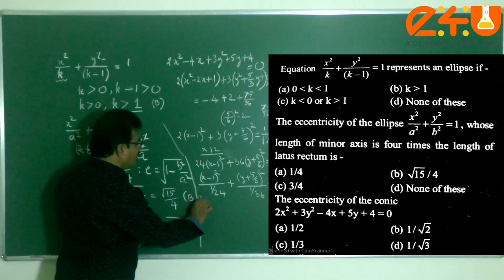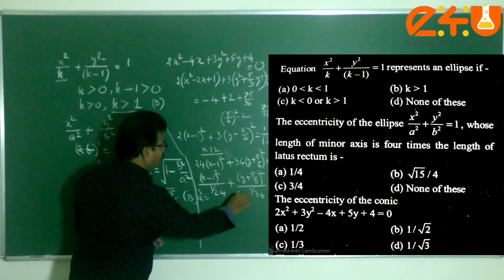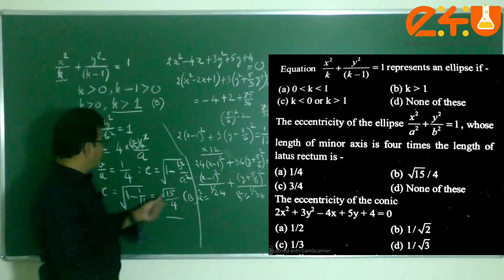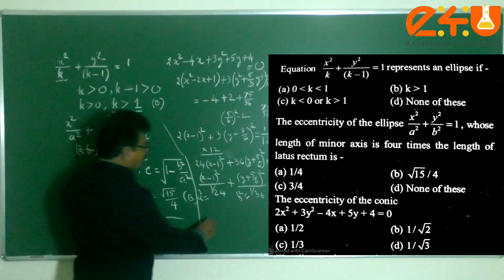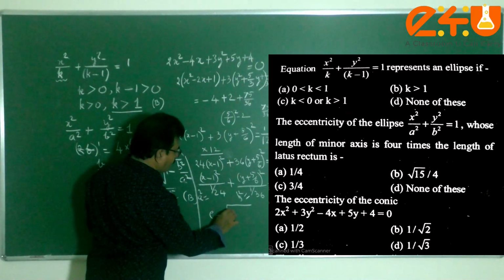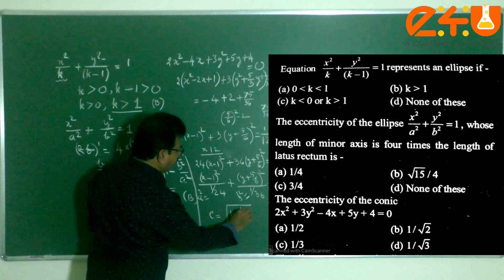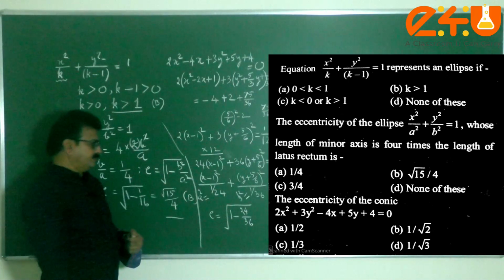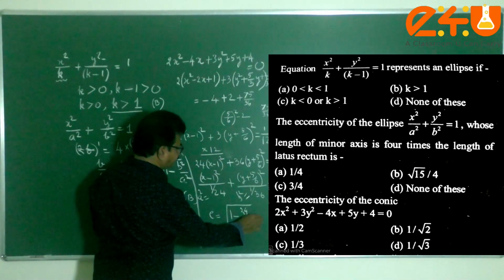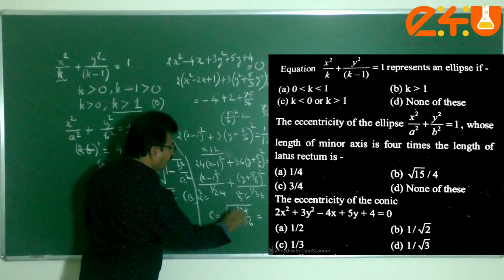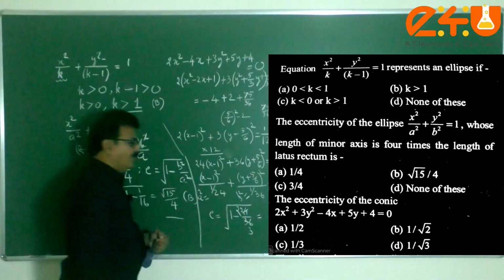So we get the values of a square and b square, and apply the same formula for eccentricity as we applied earlier. We get eccentricity as the square root of 1 minus, I will get 24 by 36 when we do b square by a square, which is simply the simplified fraction 2 by 3.